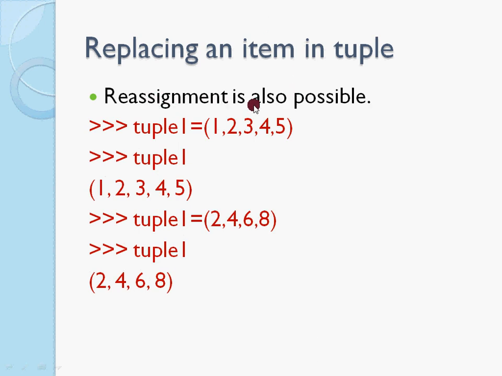And reassignment is also possible. Initially what I have assigned to this tuple is 1, 2, 3, 4, 5, the list of odd numbers, and if in the course of time I change it like this, tuple 1 is equal to 2, 4, 6, 8, it is possible. It means that we are going to reassign the values of the tuple.